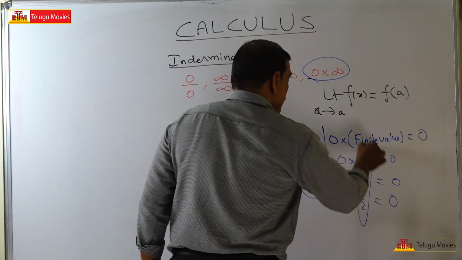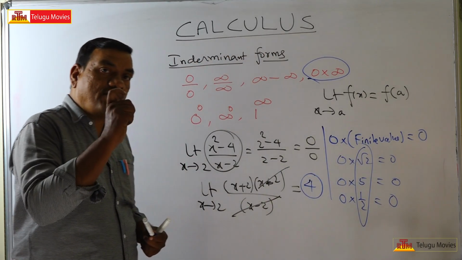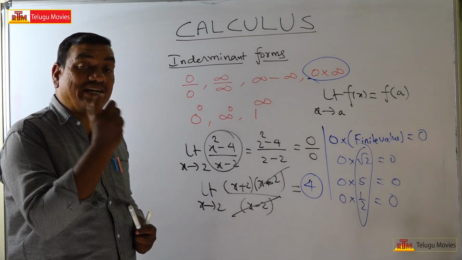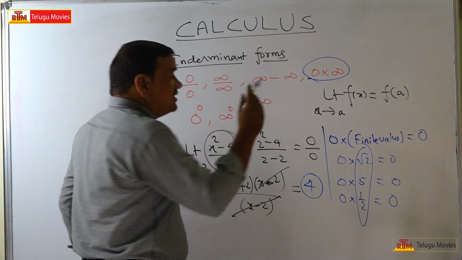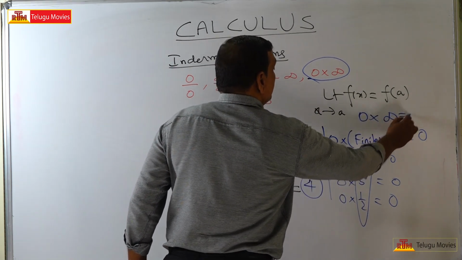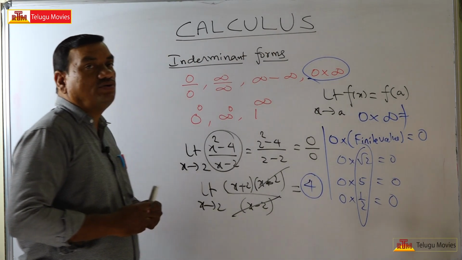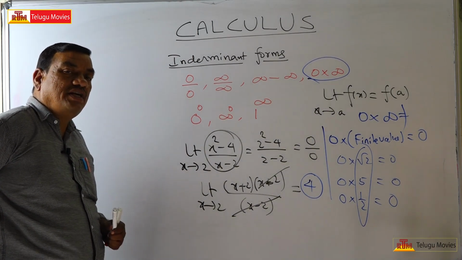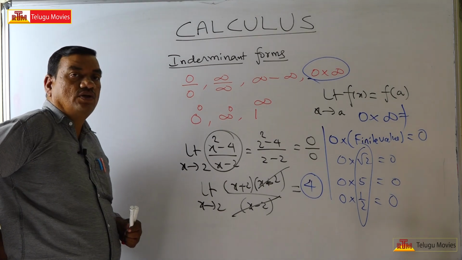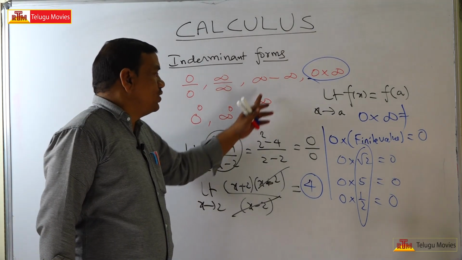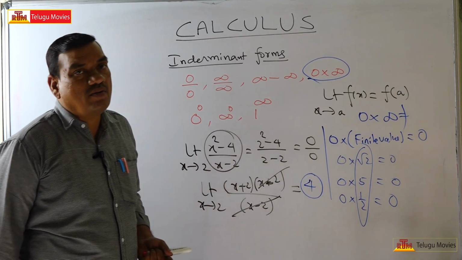That means these should be finite values, real numbers, defined and determined terms. If it is an indeterminate form, that is 0 into infinity, it cannot be equal to 0. Understand? You should keep that in mind. Like that, 1 to the power of infinity also cannot be equal to 1.